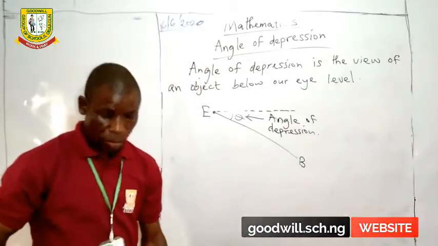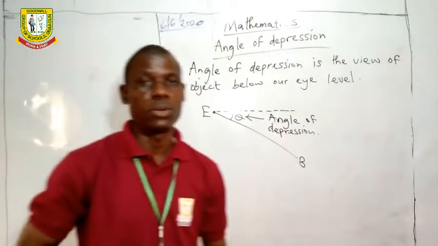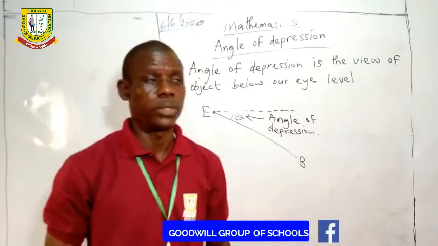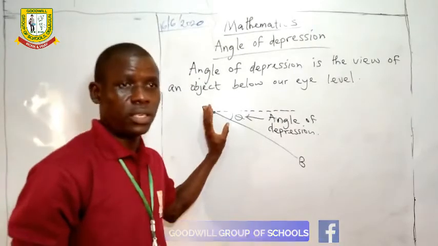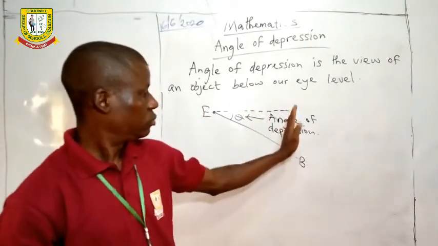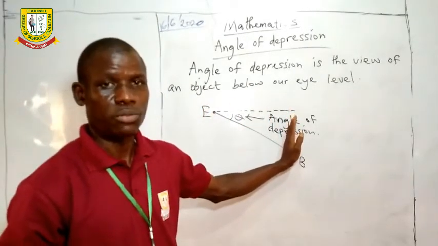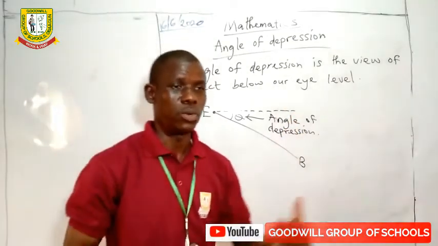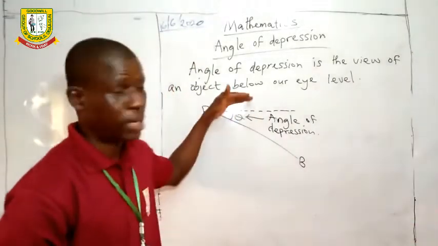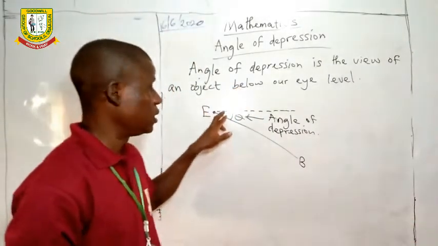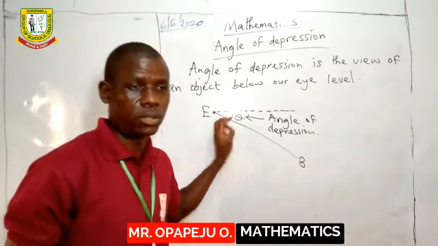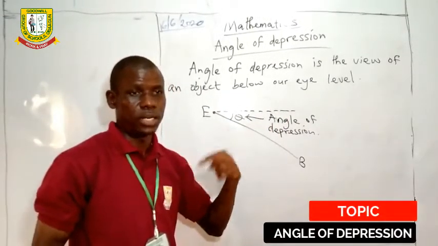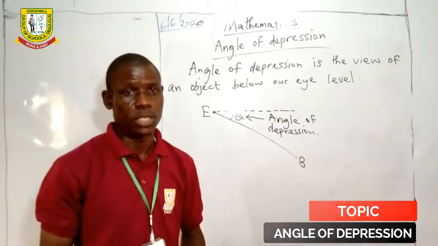Now, from what we've done so far from angle of elevation, you should be able to recall that we'll be moving to getting a right angle triangle from here, so that it will be possible for us to calculate some things we might be asked to, probably the value of the angle of elevation or the distances between the viewer and the object in question.